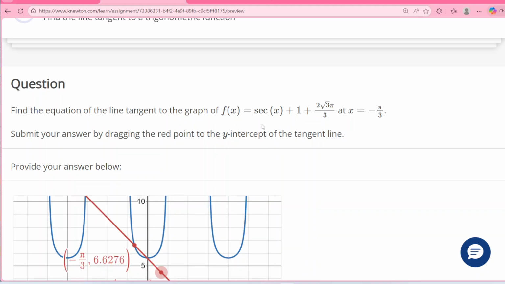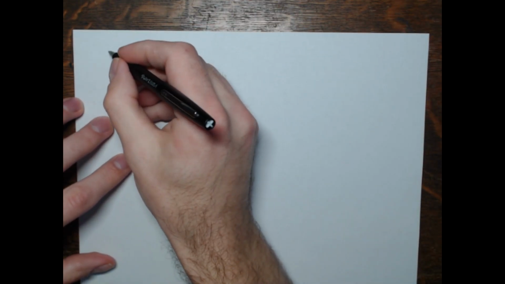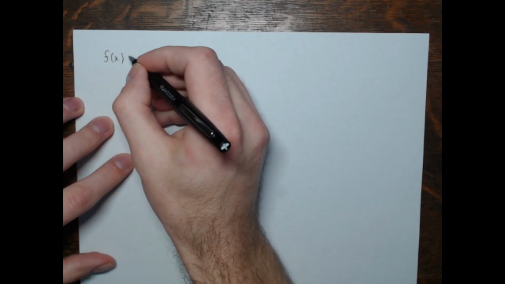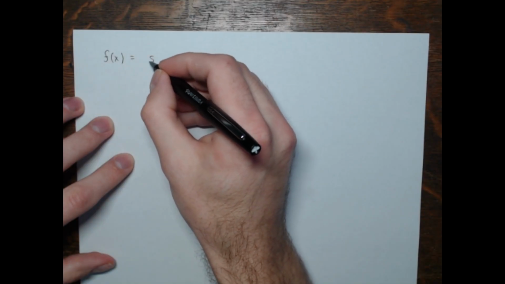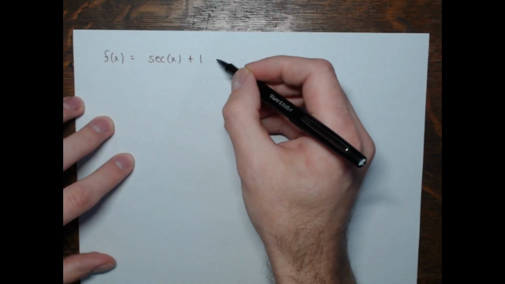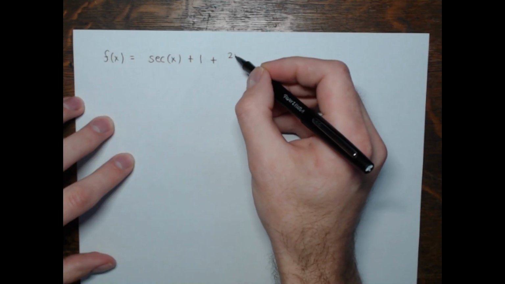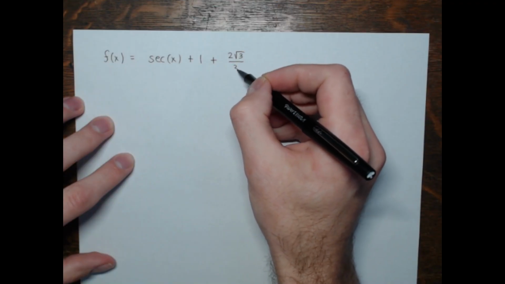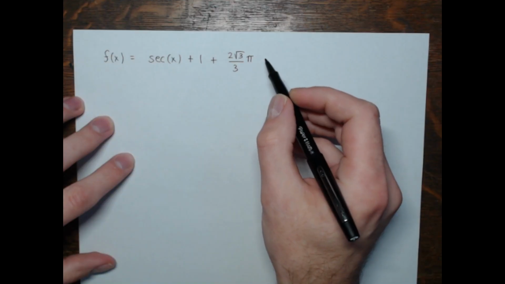All right, so our function is secant x plus 1 plus 2 root 3 pi over 3 at x equals -pi over 3. So here's the function we're given: secant of x plus 1, then plus 2 times the square root of 3 divided by 3, times pi.